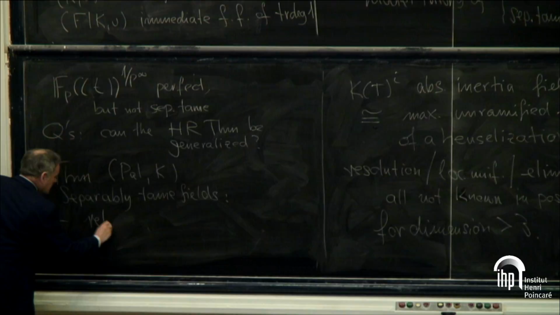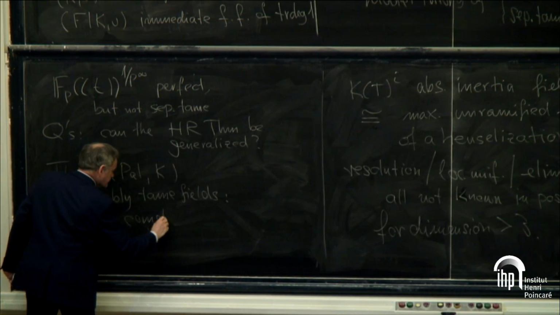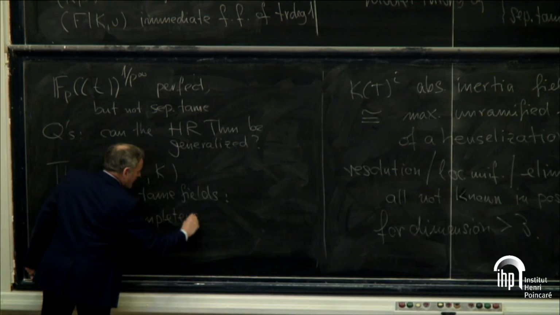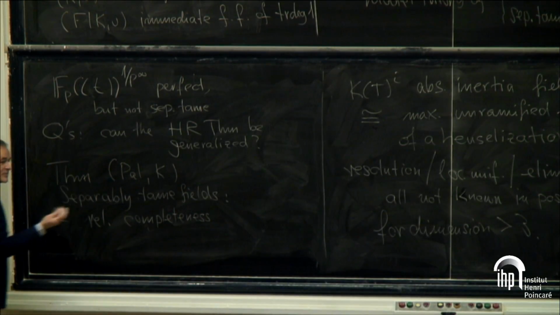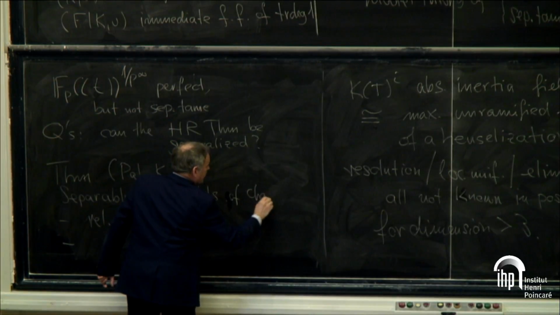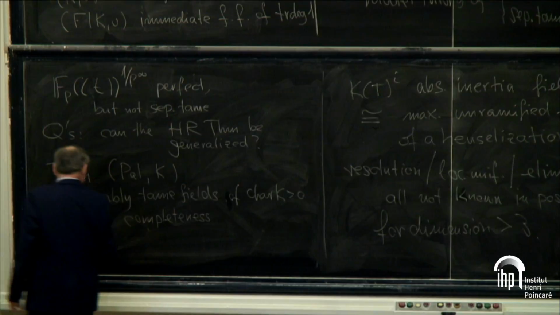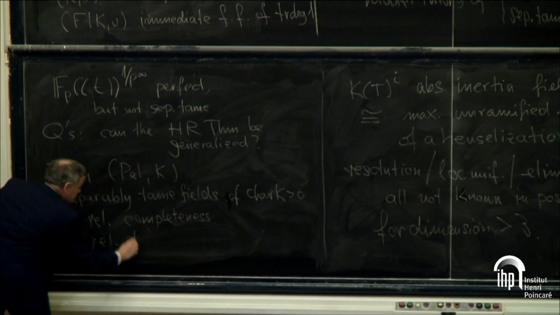Relative completeness. Because we are in positive characteristic, we have no problems with mixed characteristic here. Tame fields, okay, of characteristic K bigger than 0. Relative decidability.